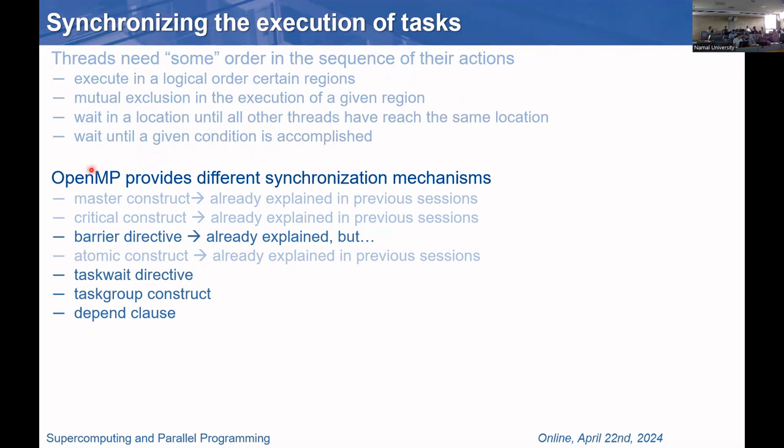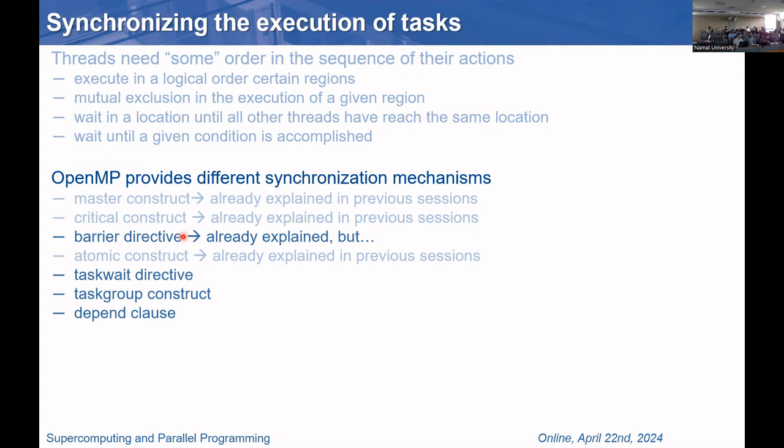So in OpenMP, we provide different synchronization mechanisms. We have the master construct, similar to single, but only executed in the master. We have the critical construct that allows only one thread to actually enter the critical. We have the barrier directive, in which we stop the execution until some previous work has finished.